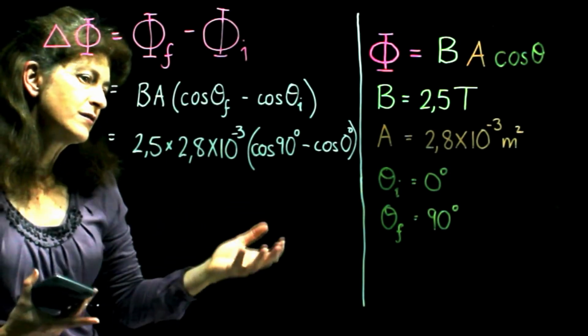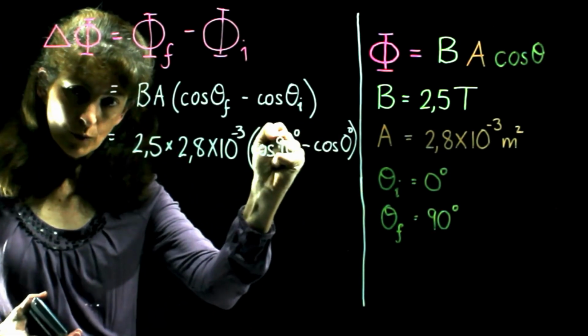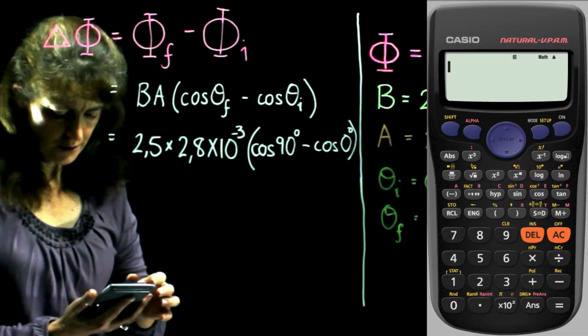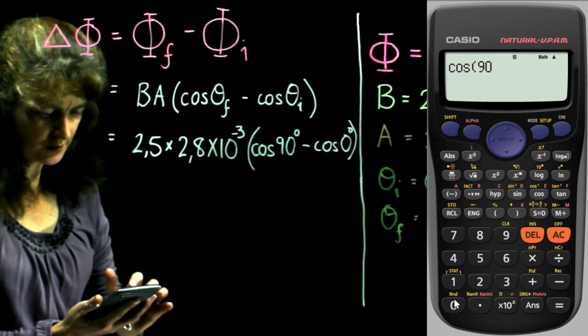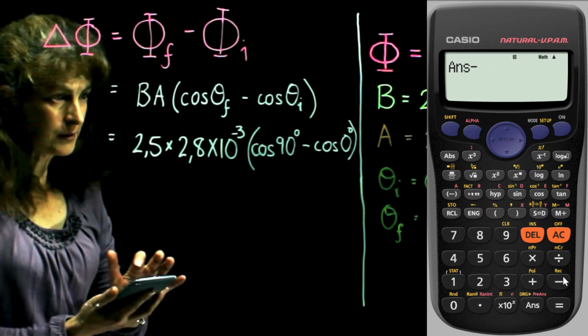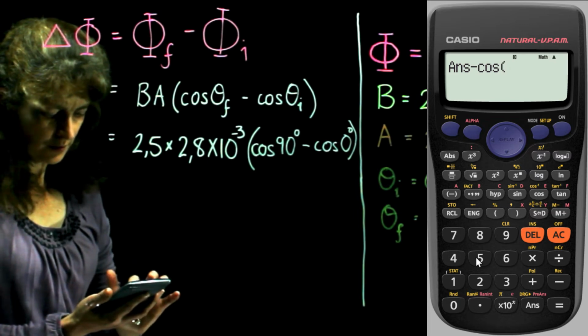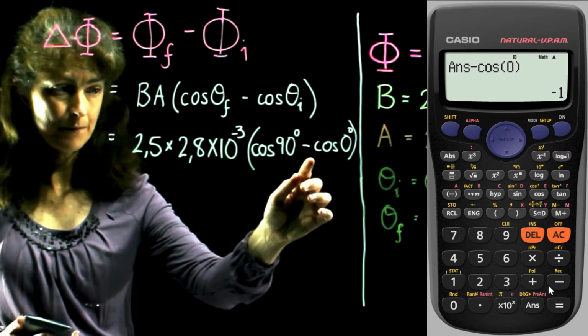If you don't want to do it that way, it might be safest to start with what's in the bracket. So we write cos 90 equals, and you see it's 0, minus cos 0. And you can see that gives minus 1.